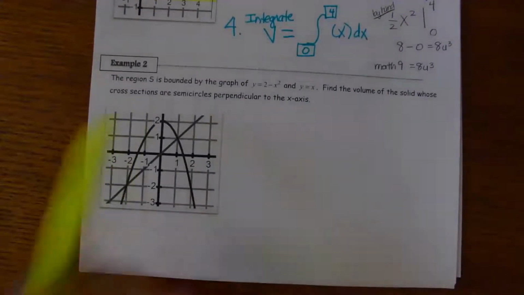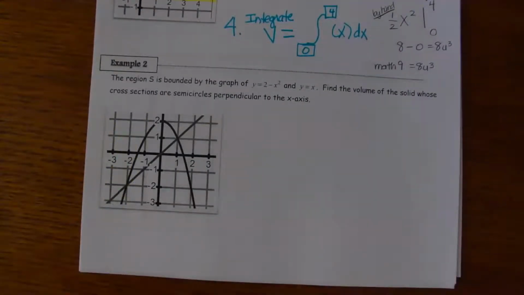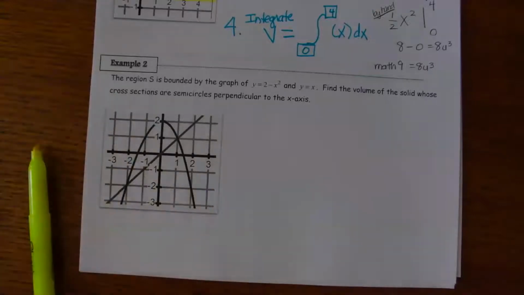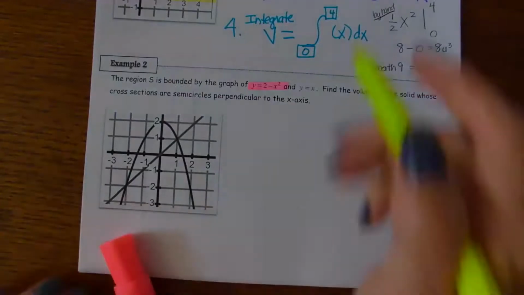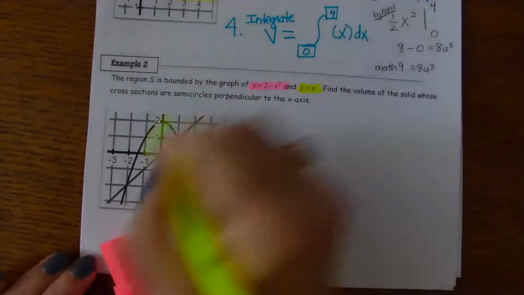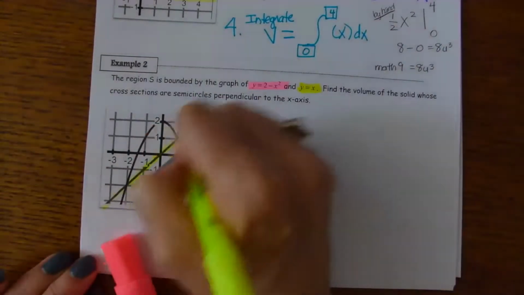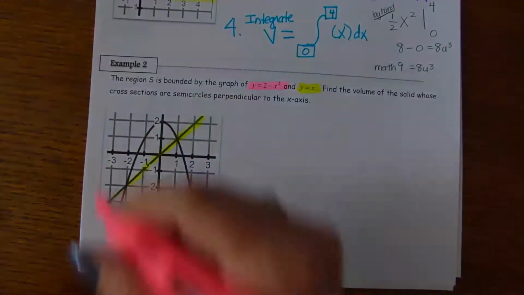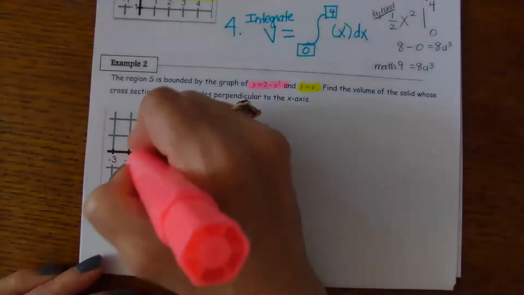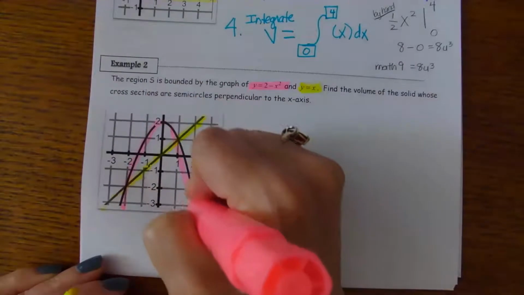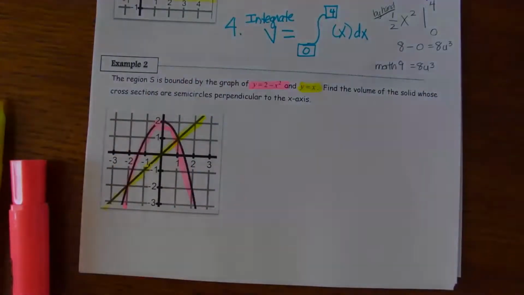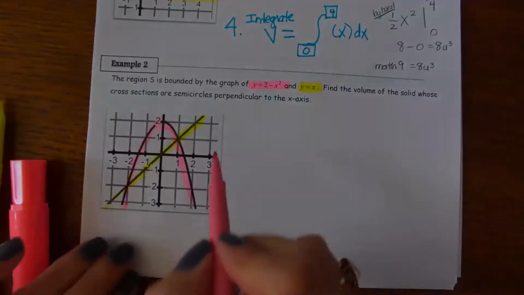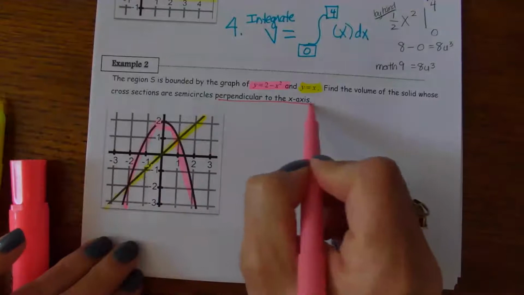Okay. The region S is bounded by the graphs y equals 2x squared and y equals x. Again, this will keep me from making an upside down mistake. Trust me, I could do it. Find the volume of a solid whose cross sections are semicircles perpendicular to x.